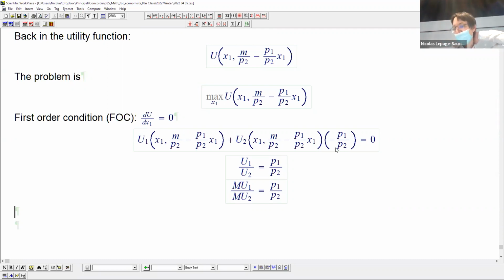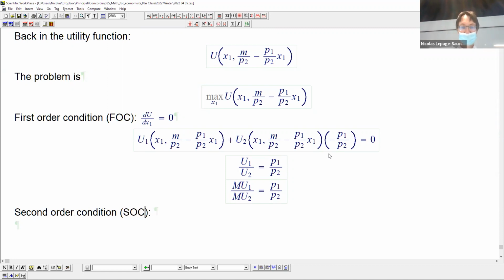Because we're checking optimization, let's check the second order condition, there's only one.